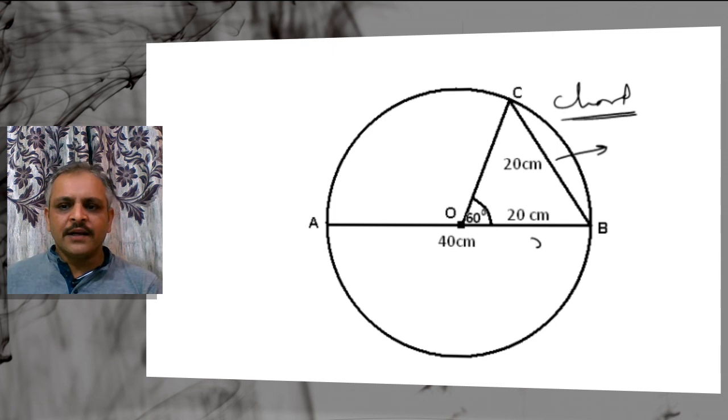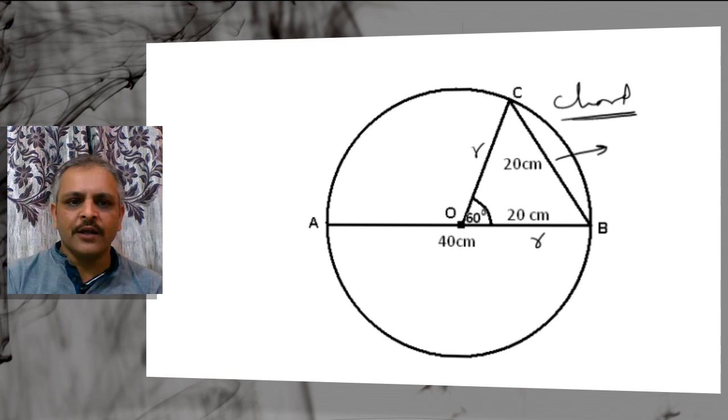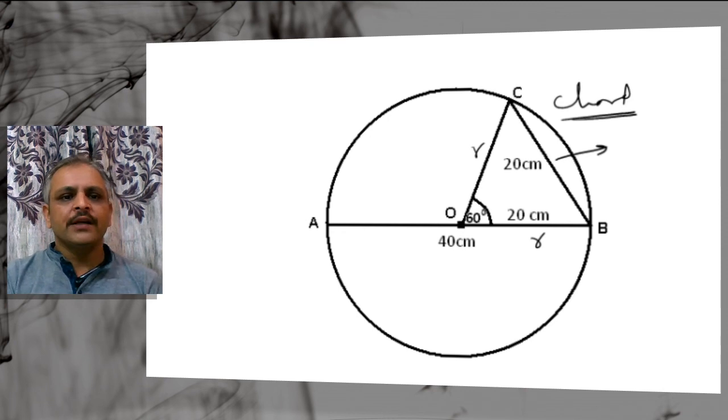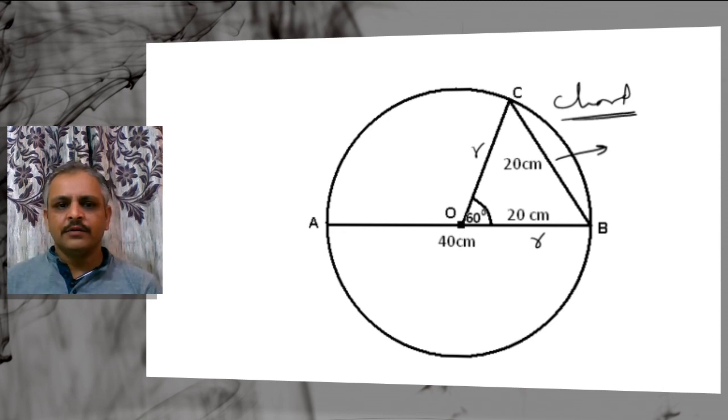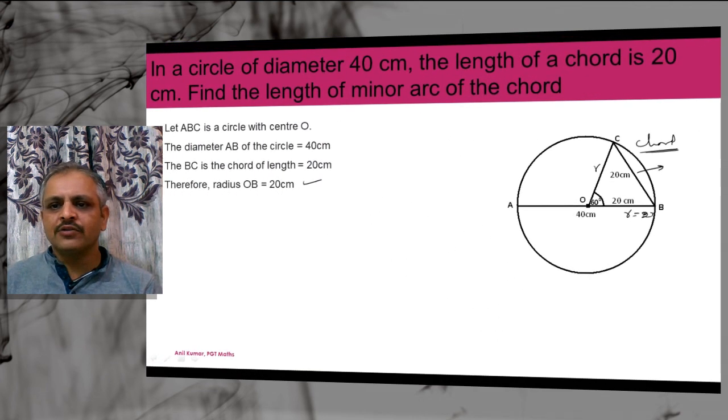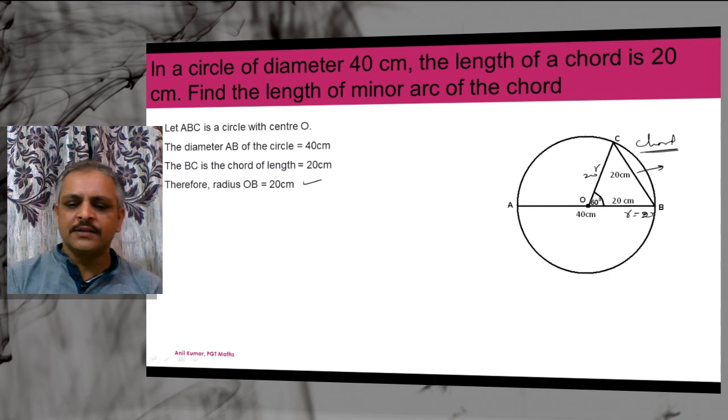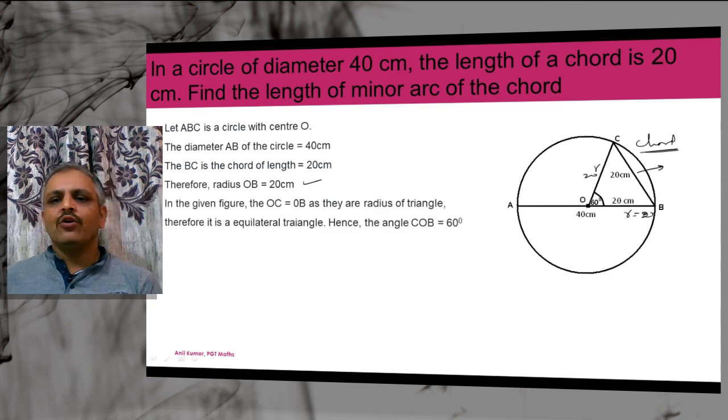This OB is radius, OC is radius. As the diameter is 40, the radius will be 20 centimeter. So this radius is 20. This radius is also 20 because it is the radius of the same circle. So OBC becomes an equilateral triangle.